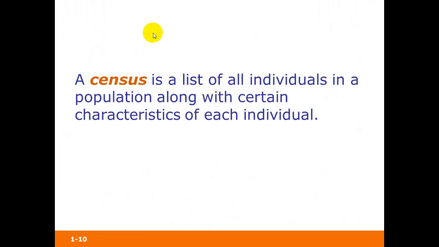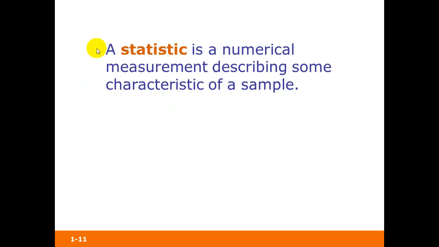Now, sometimes we can obtain information about the entire population, and in this case, instead of being called a sample, this is called a census. It will be very important in later chapters in this course to distinguish between samples and populations and between statistics and parameters.